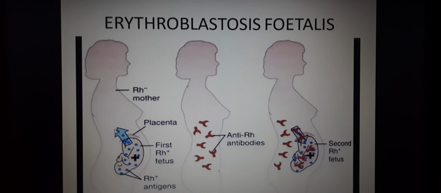When the mother has Rh negative blood and the child in her womb is Rh positive, what happens in the first pregnancy? There is no problem because the blood is not mixing and the placenta is attached to the mother's body, so there is no problem for the baby. But after the first delivery of the child, what happens?